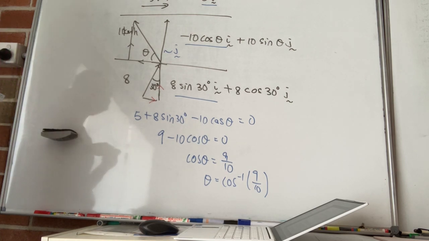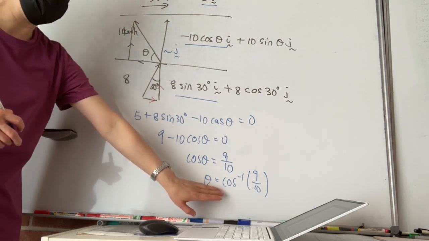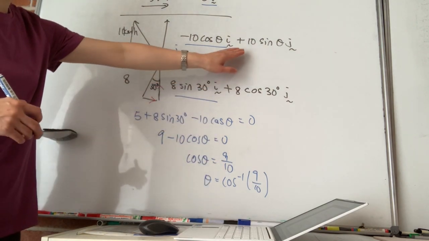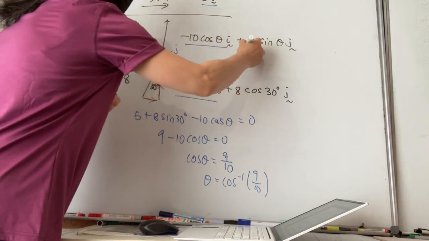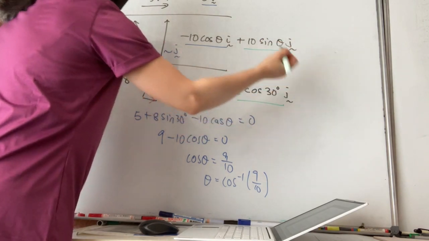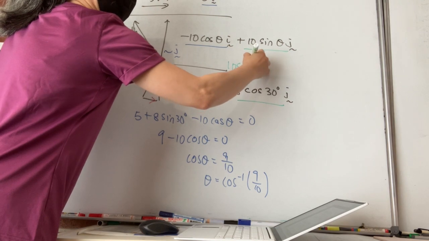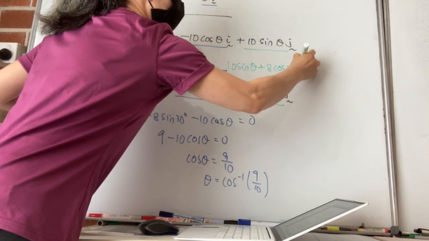Okay, so now I'm able to find out what the angle theta is equal to. If you know theta, you put it back into the vertical. The vertical is these two terms in here. You only have two vertical terms. So if I add them up, I'm going to have 10 sine theta plus 8 cos 30 degrees.